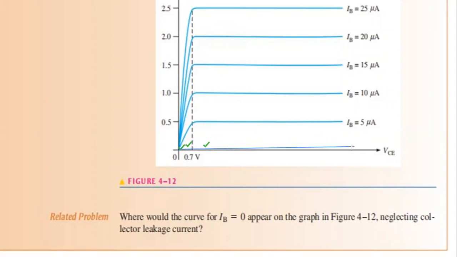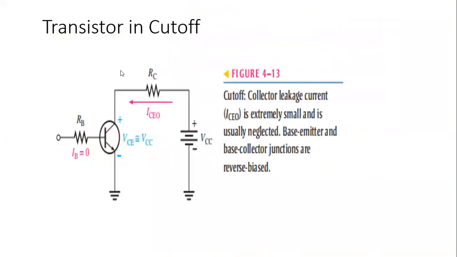Here will be your IB equal to 0, meaning transistor in cutoff region.